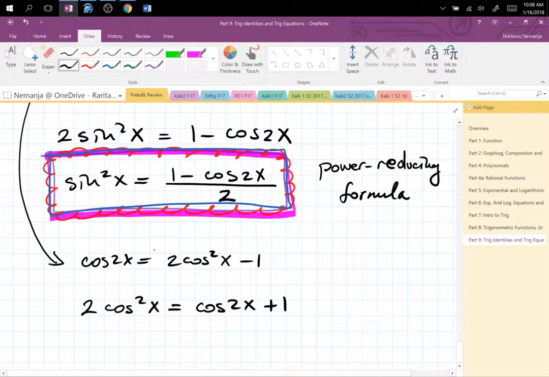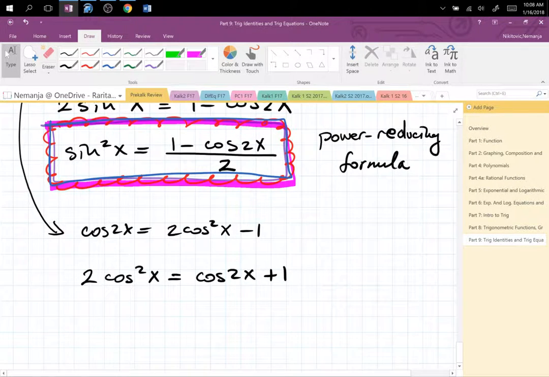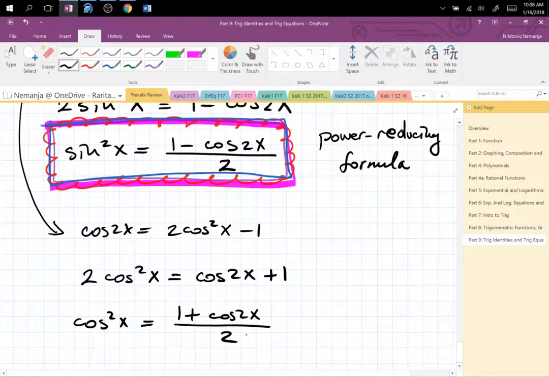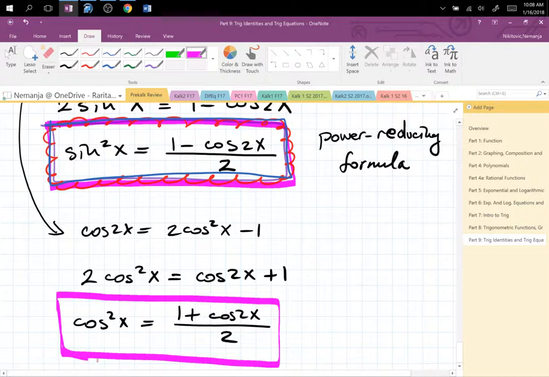You move 1 to the left and then you swap the sides. You get that cosine squared x is, and now just swap the order of these, over 2. And you get the other power reducing formula if you run into the integral of cosine squared.